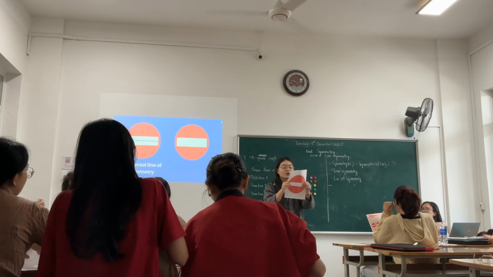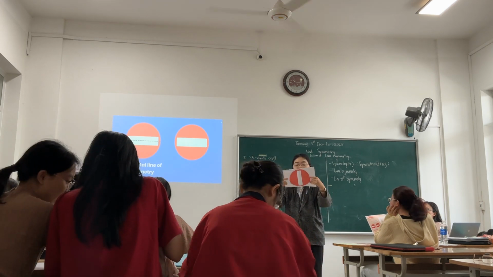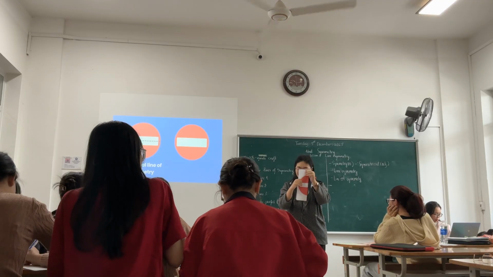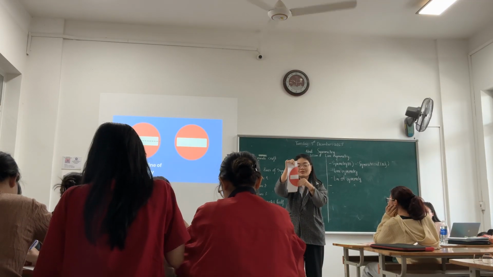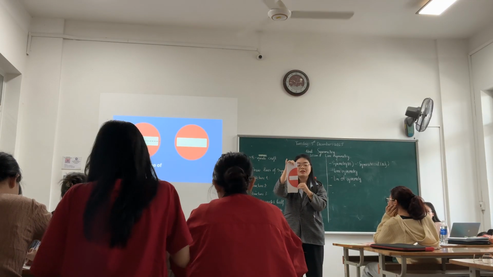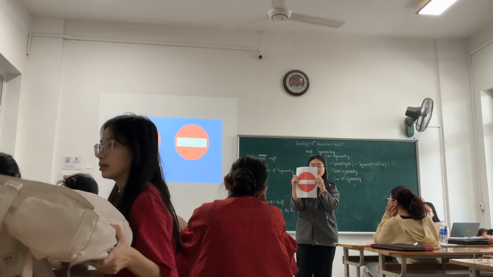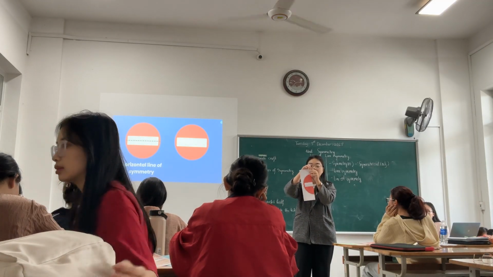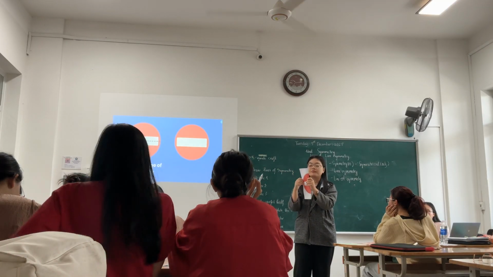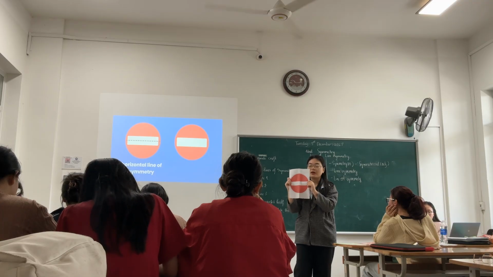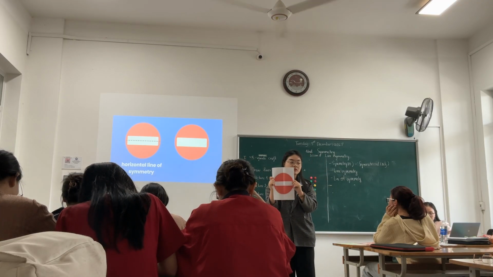So how about folding the road sign like this? Can it still be symmetrical? Yes. So is this line of symmetry vertical or horizontal?